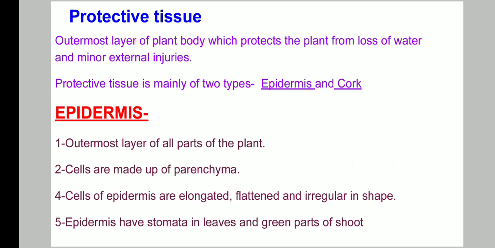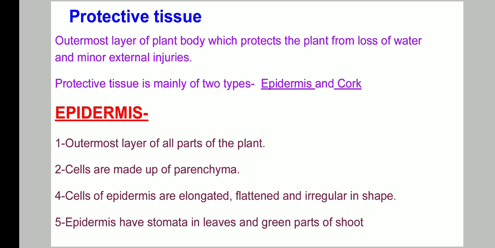So protective tissue acts as skin in plants. Just as our skin protects us, similarly protective tissue helps plants: it prevents infections, protects the plant from injuries, and also prevents loss of water.